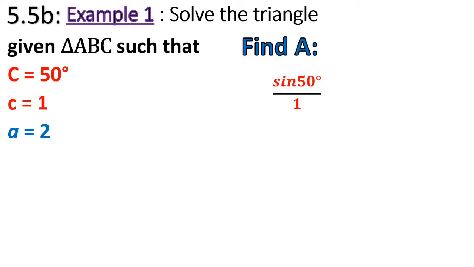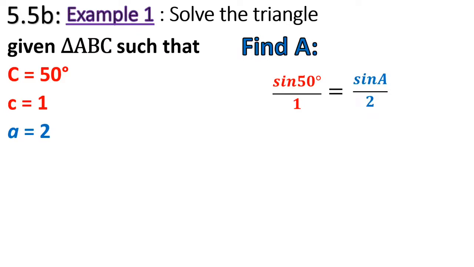Since we know angle C and side C, that is sine of 50 degrees over 1. We're going to find angle A because we know side A. We set this equal to the sine of angle A over side A.